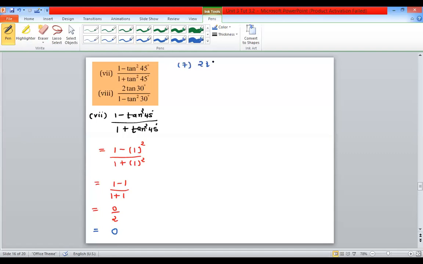It's 2 tan 30, whole divided by 1 minus tan square 30. First of all, you remember the value of tan 30. It's 1 upon root 3. Put it.